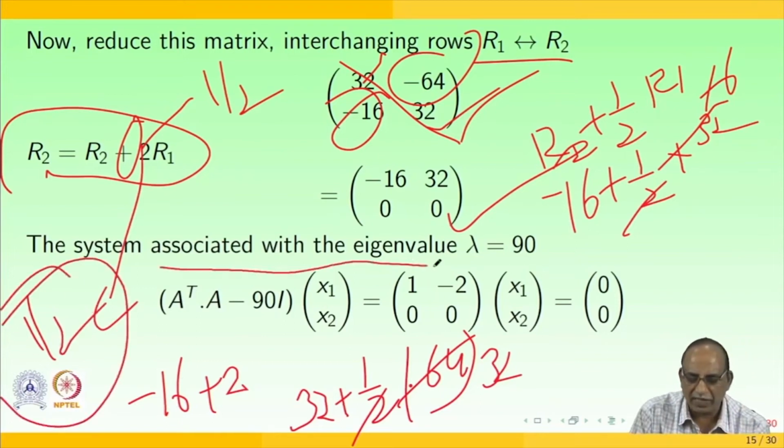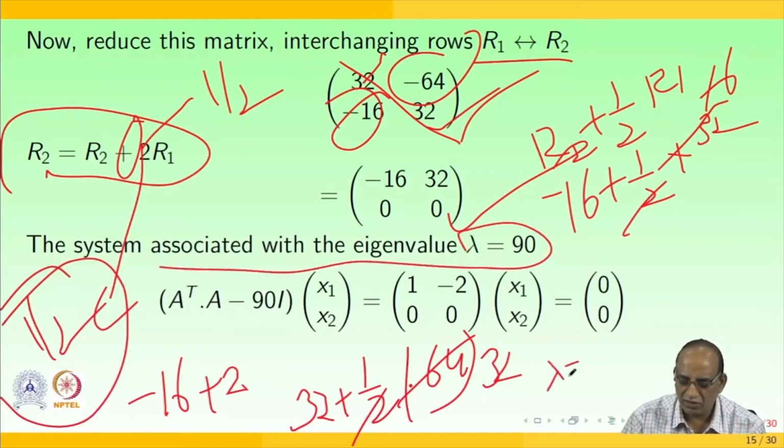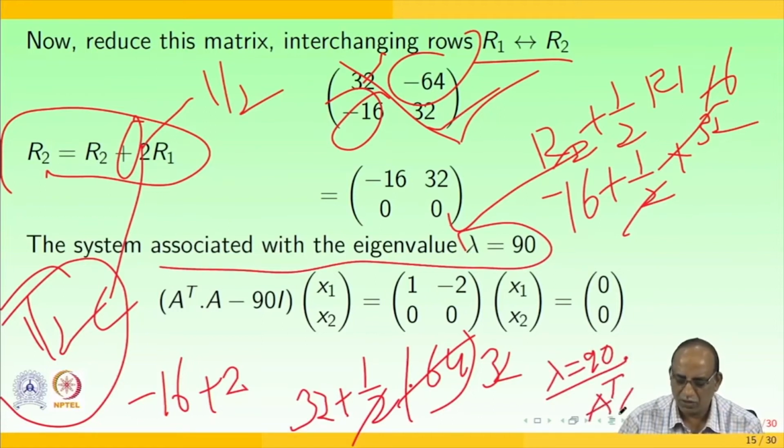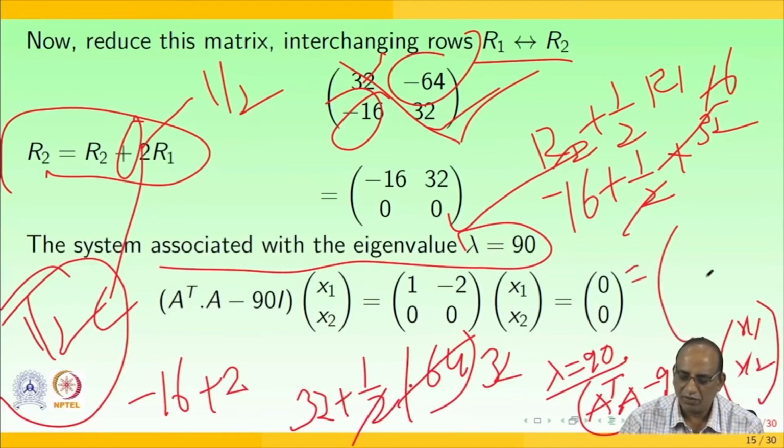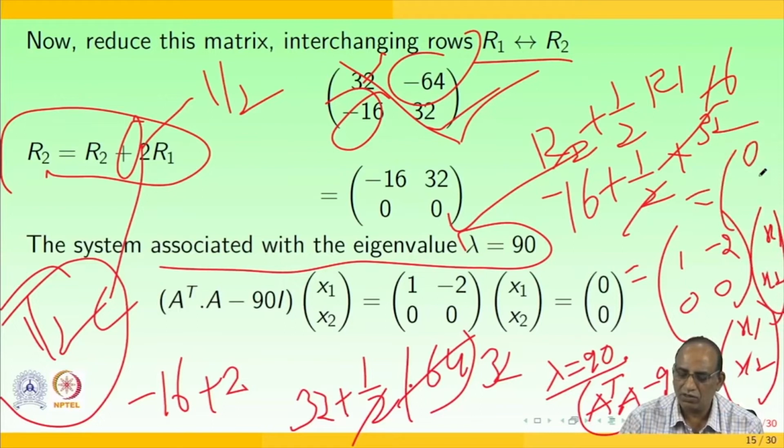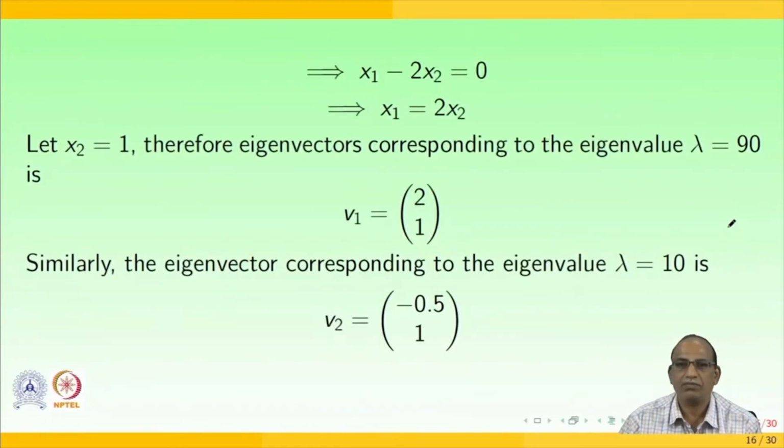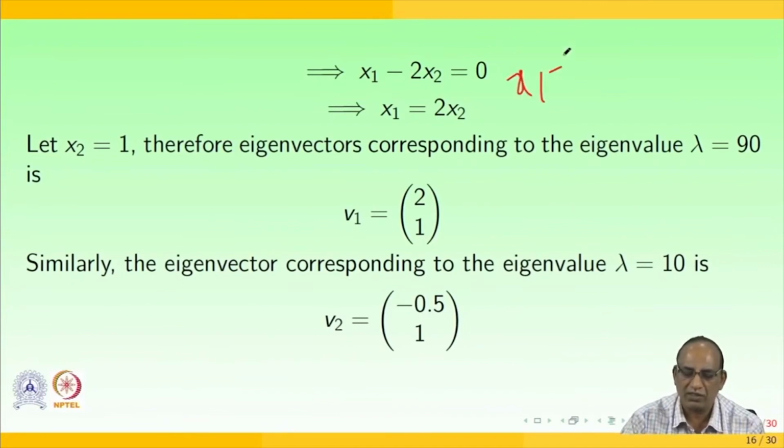The system associated with the eigenvalue lambda is equal to 90 becomes A transpose A minus 90I multiplied with x1, x2, that is equivalent to 1, minus 2, 0, 0 multiplied with x1, x2, equal to 0, 0. Therefore x1 minus 2x2 is equal to 0, so x1 is equal to 2x2.